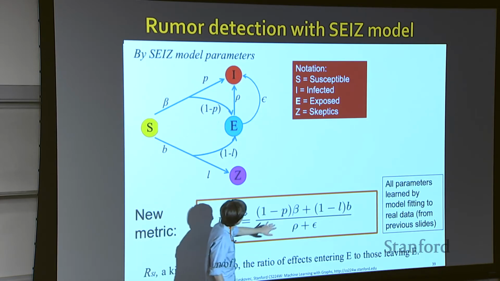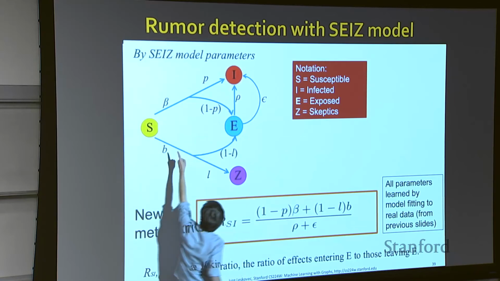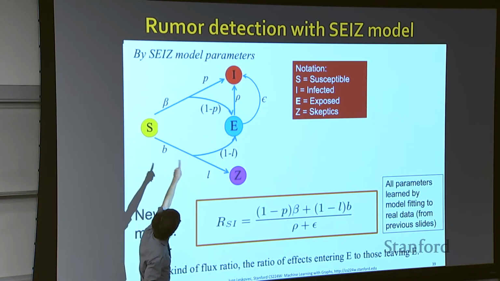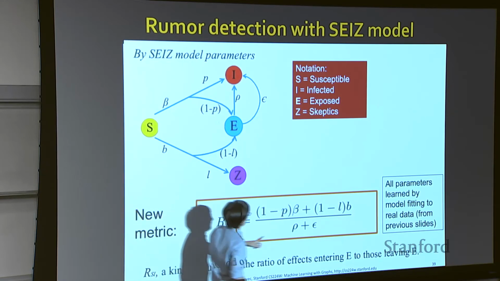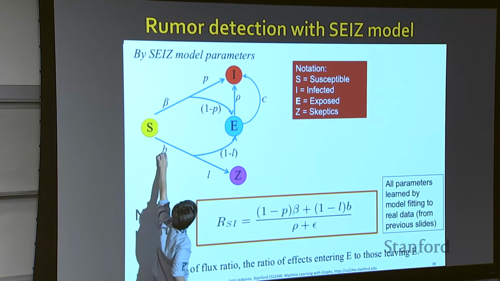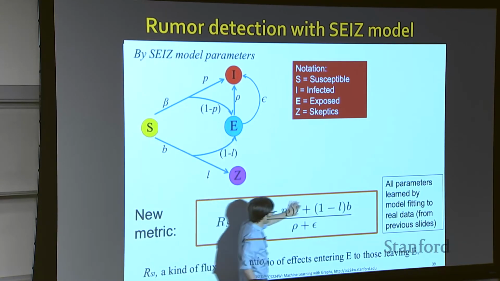So what is this saying? This is beta times 1 minus p, so that's the number of people who are moving from S over the top arc into E. This thing here are the people who go from S over b and 1 minus l into E. So it's kind of the influx of people into E.